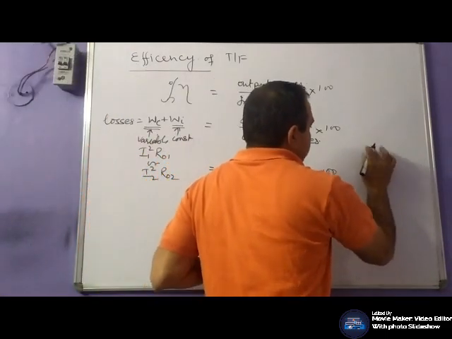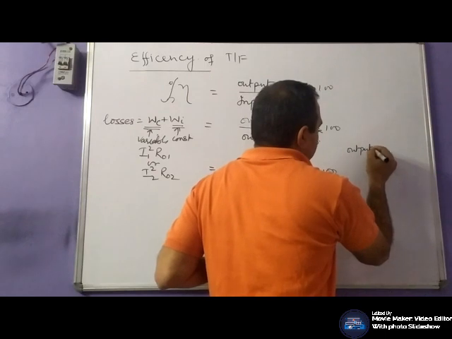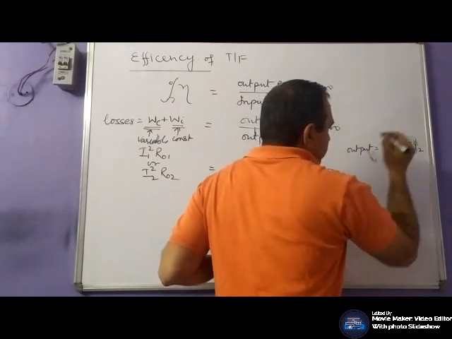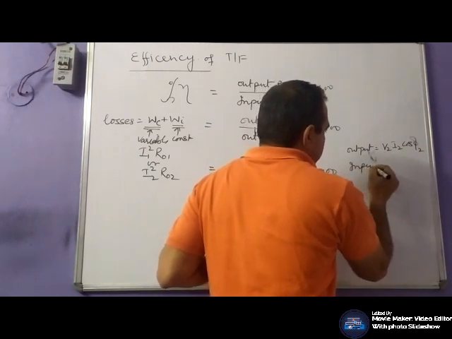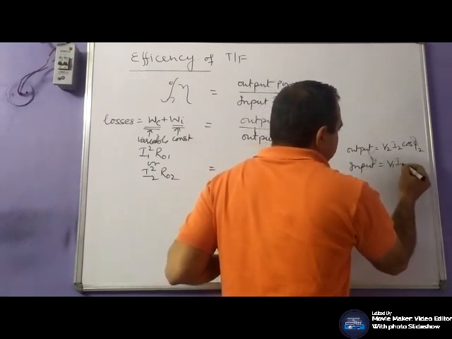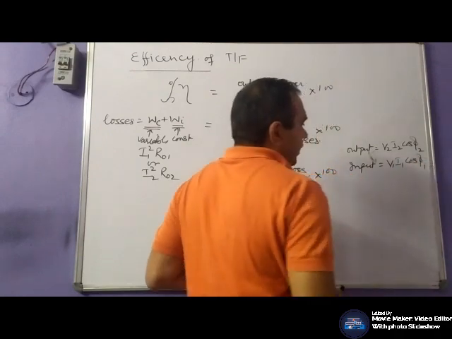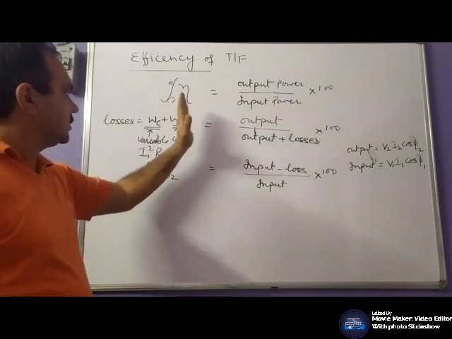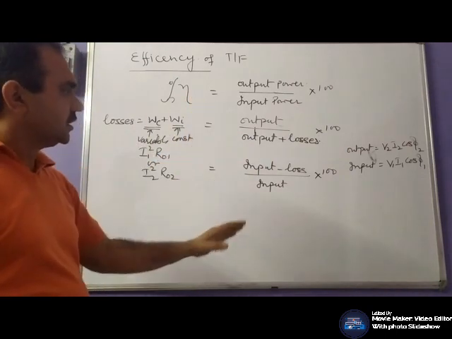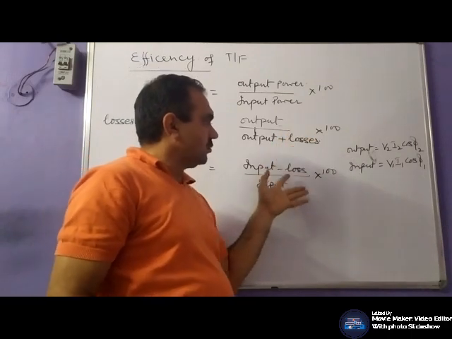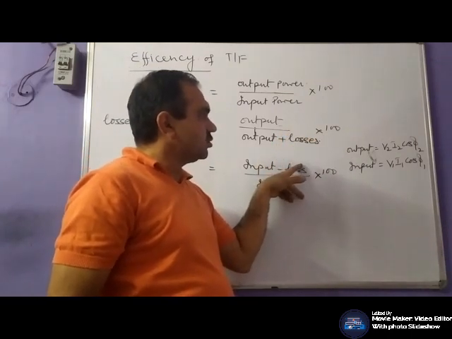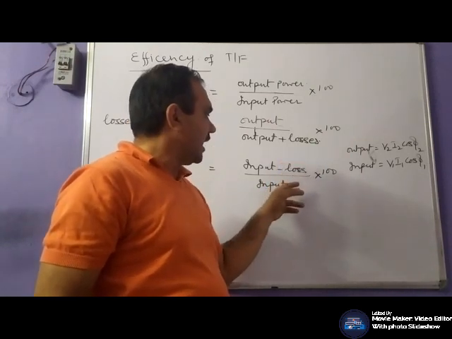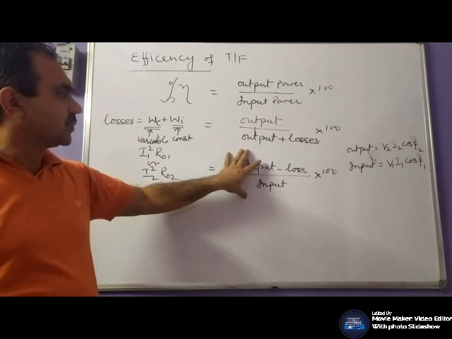Output is V2 I2 cos phi 2. Input is V1 I1 cos phi 1. Losses are copper losses and iron losses, and generally the unit of both should be the same, that is in watts, or you can take kilowatts, in numerator and denominator. It should be the same.